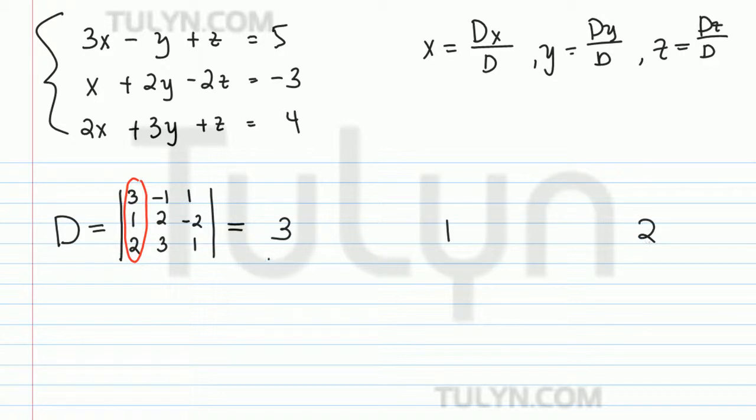And for the expansion of minors method, what you want to do is multiply each of these terms by its respective minor. So recall how to find the minor of 3, for example, is you get rid of the row and the column that it belongs to, and you write the numbers left over as a 2 by 2 determinant. So 2, 3, negative 2, and 1.